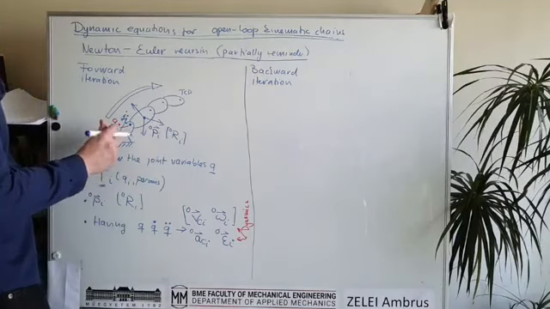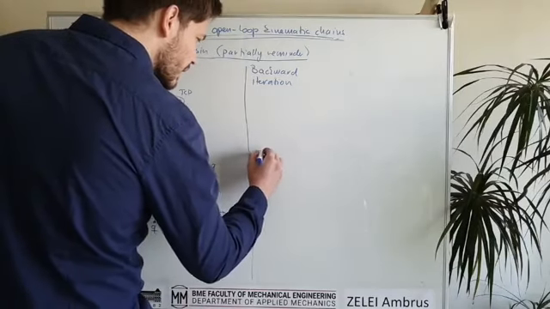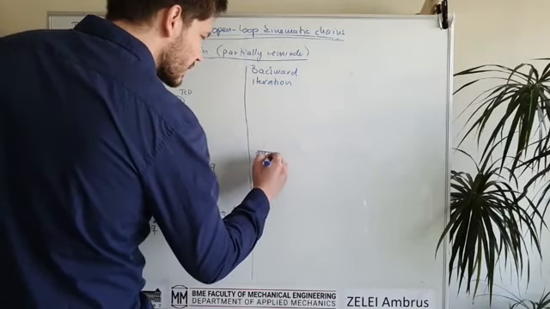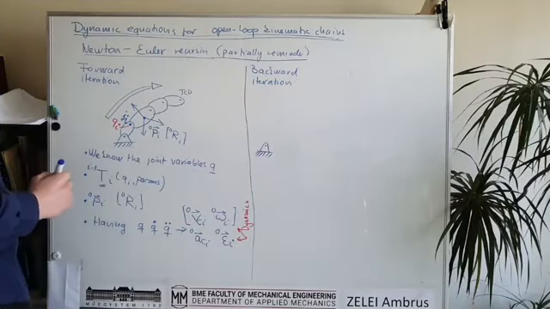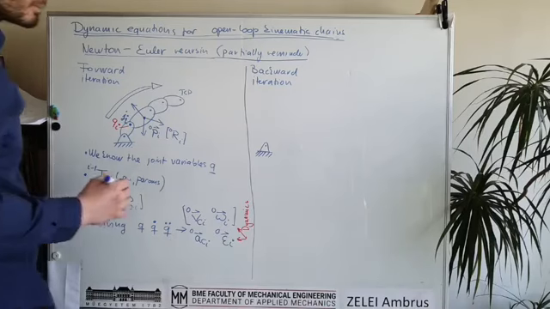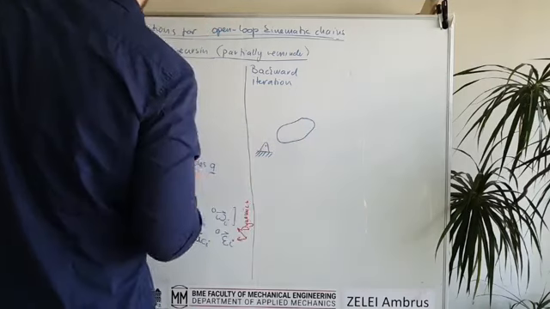We cannot draw this figure anymore because we have to separate the rigid links from each other. It will be a bit complicated, but we have to do this drawing.